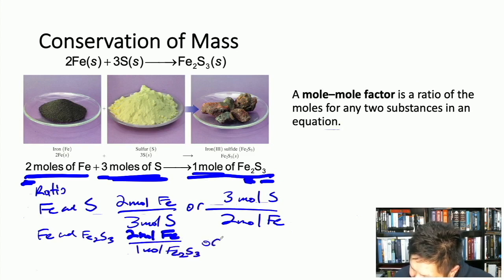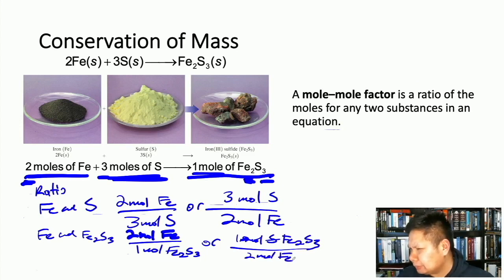Or we can write it the other way: 1 mole of iron sulfide for every 2 moles of iron.